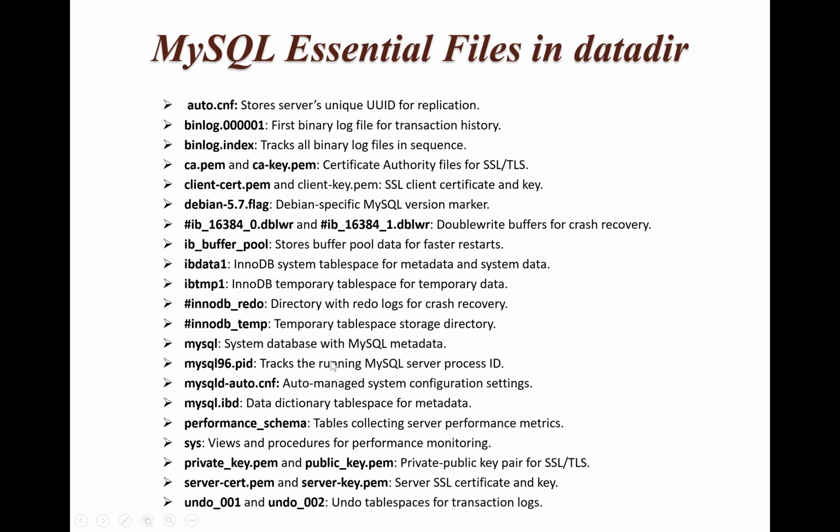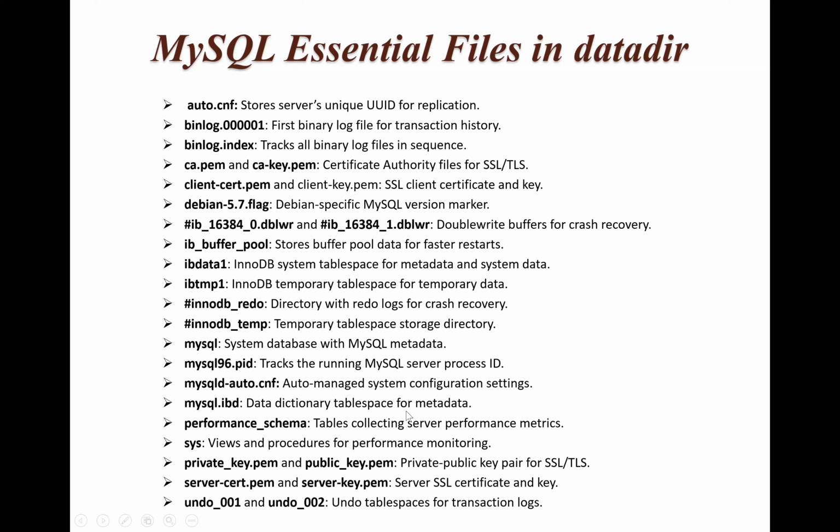When MySQL runs, it creates a process ID at the OS level, and by using that process ID, MySQL runs. To track the process ID we can see the .pid extension, and the file name starts with the host name. Then mysql auto.cnf holds auto-managed system configuration settings.